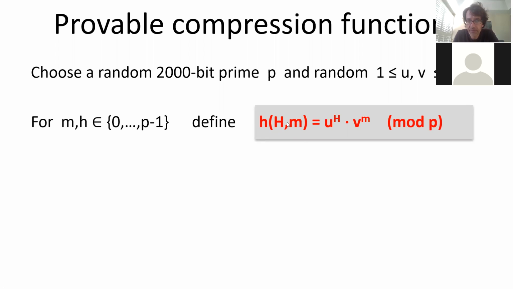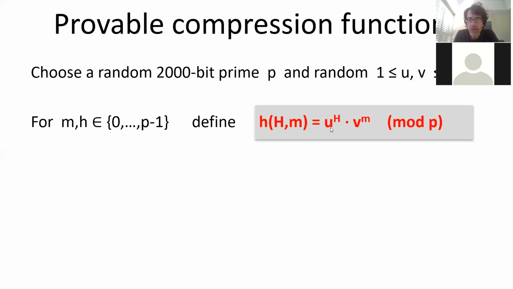These are now the same sizes, H and M. They both are numbers mod p. Let's say p is close to a power of 2, and you can think of chopping up to the nearest power of 2, so these are bit strings that can be encoded in here.